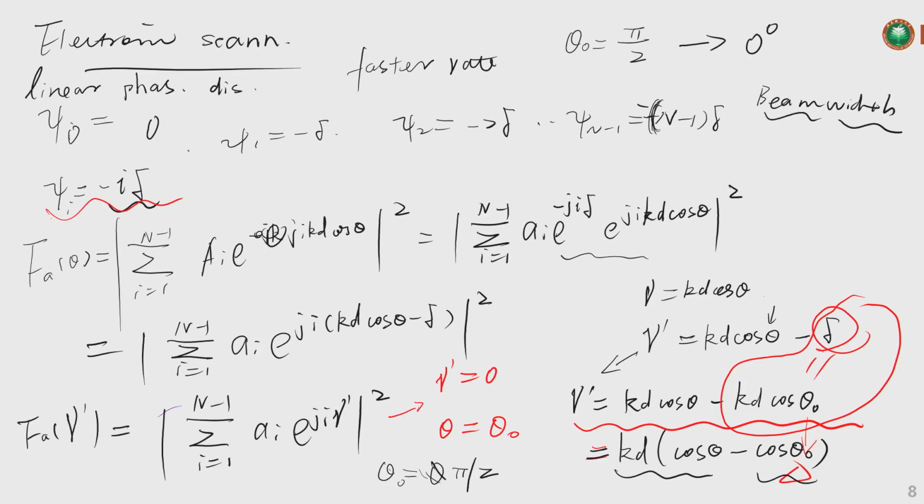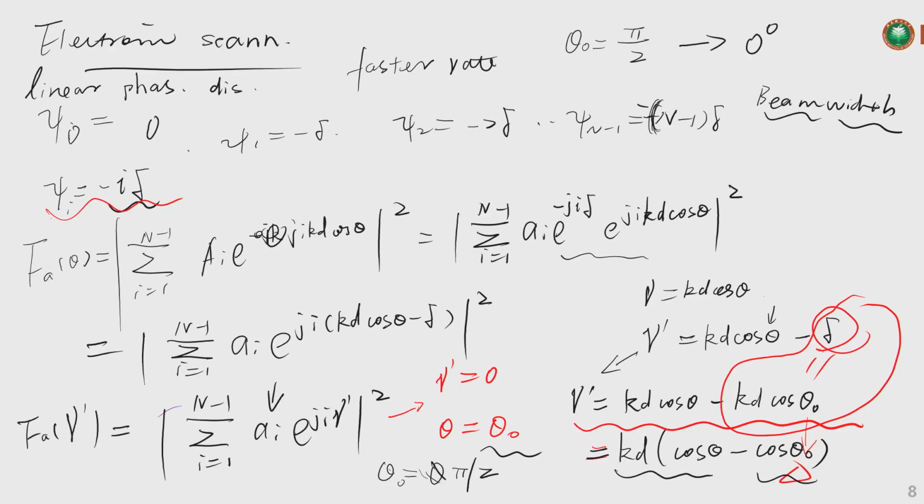Actually, previously we said that the shape of the power pattern is determined by the amplitude distribution, right? But here, because the phase distribution changes gradually, the beam width can also be changed.